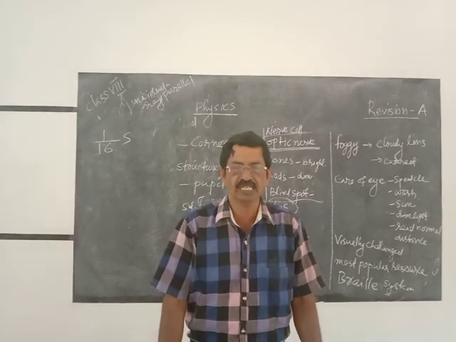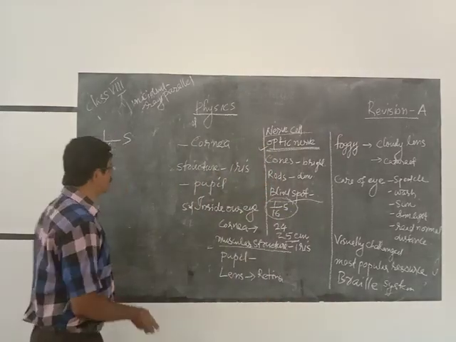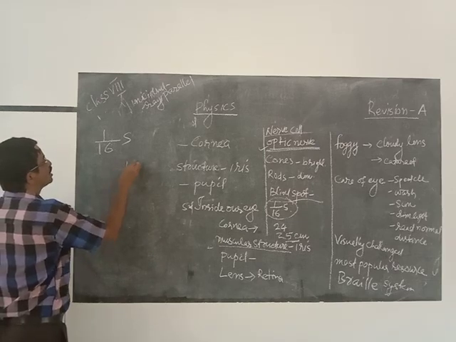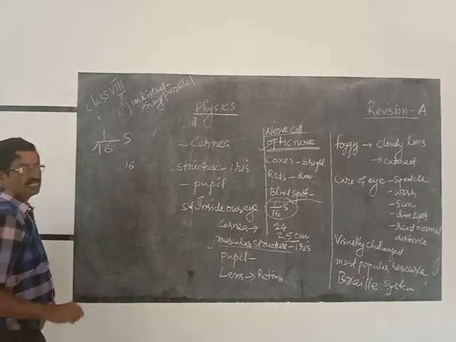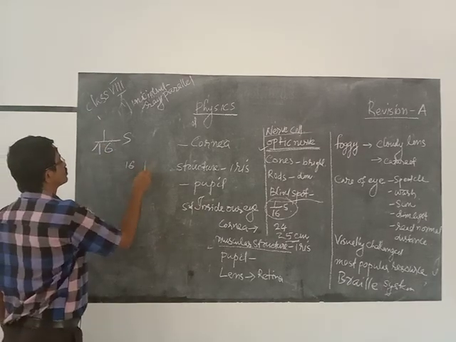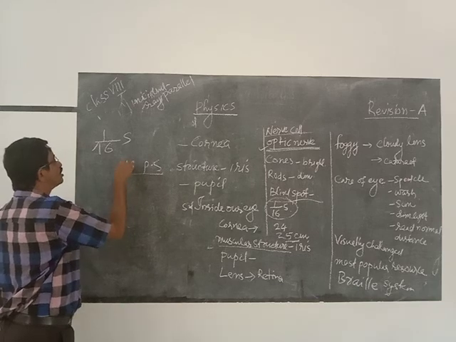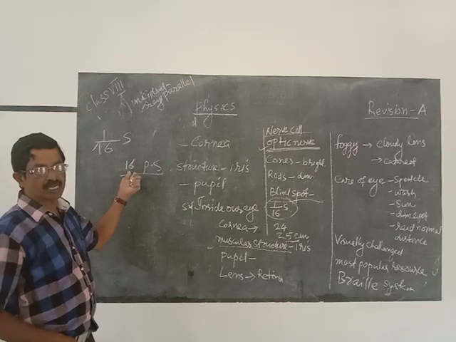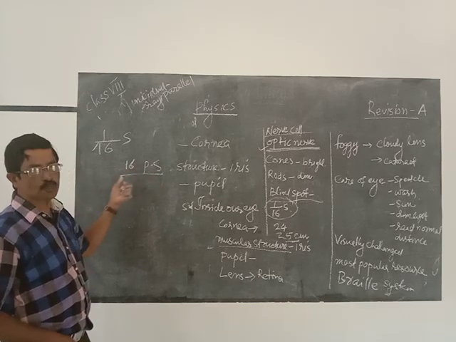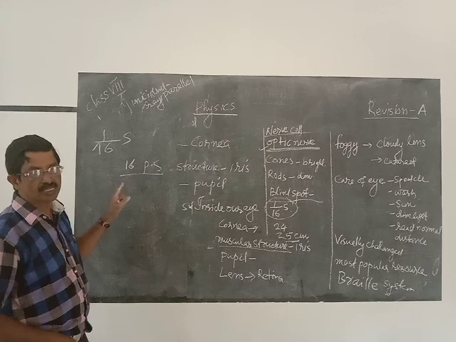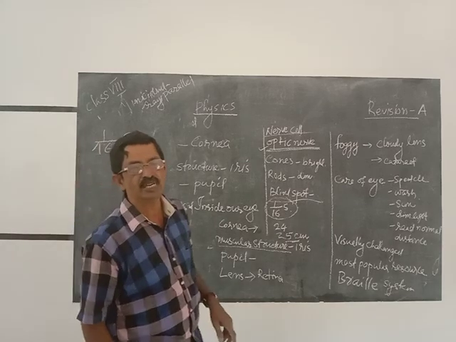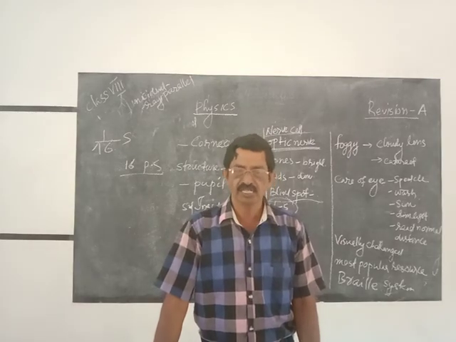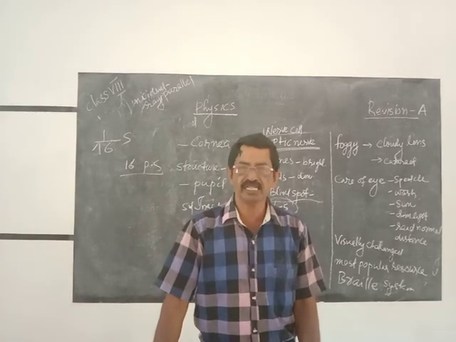1/16 of a second. So if images are received at the rate of 16 per second, then we see that the object is moving, even though the given object is still.